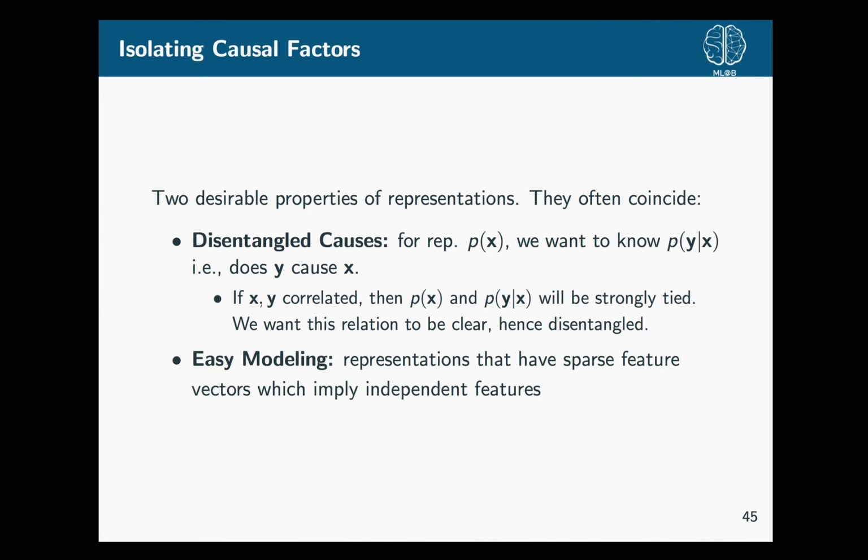And so if they're correlated in a very clean, disentangled way, then you can clearly map changes in the label to changes in your latent space. That would be a good thing, and that's something you want for disentangled causes. At the same time, you want representations that have sparse feature vectors, because that way the different features are going to be independent from one another. And so oftentimes, when you disentangle causes, you'll be able to separate out the different features into different parts.